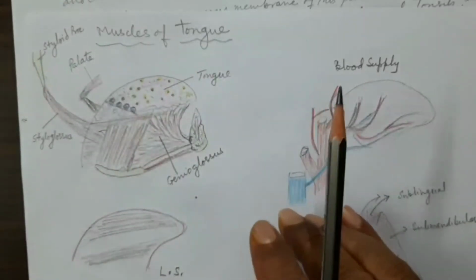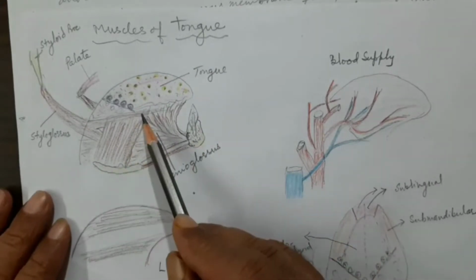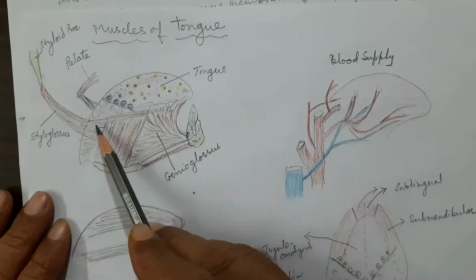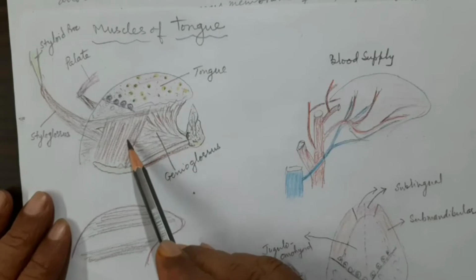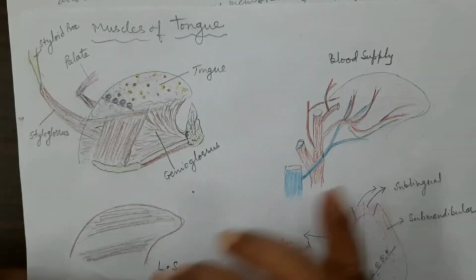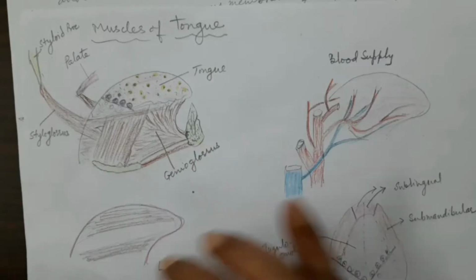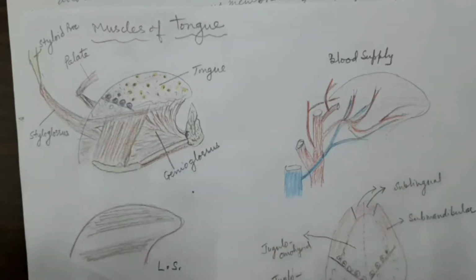Fibers will run upwards and slightly anteriorly, and then will go deep to the styloglossus fibers and will go inside the substance of the tongue from the right side as well as from the left side. Okay, now insertion, as I said, is in the posterior half on the lateral side of the tongue.